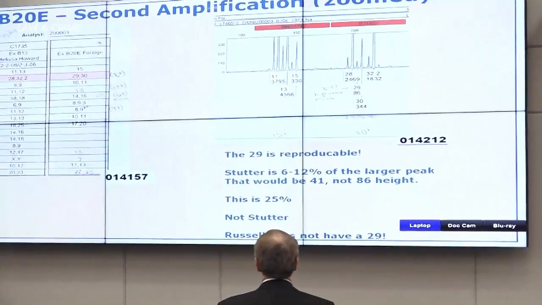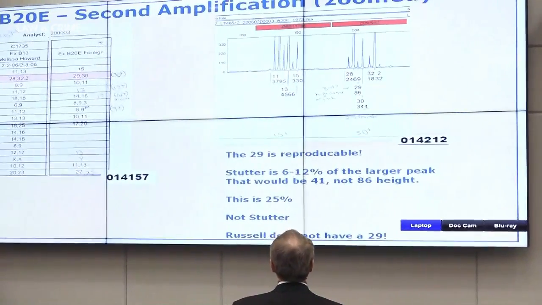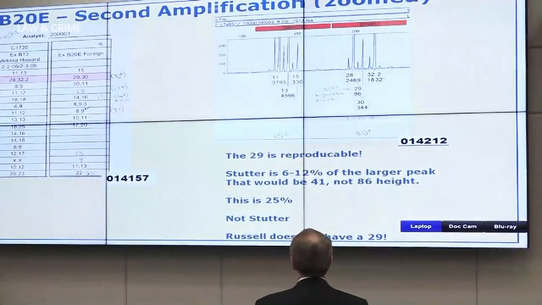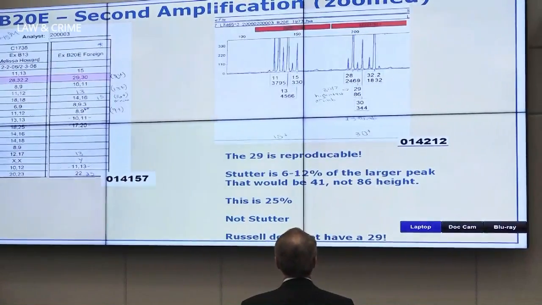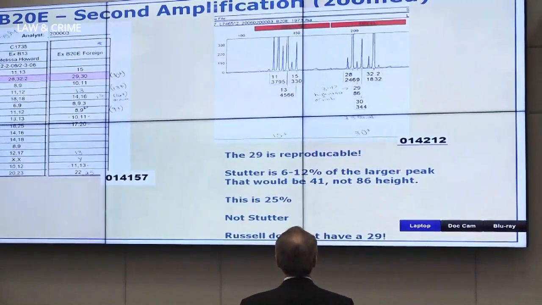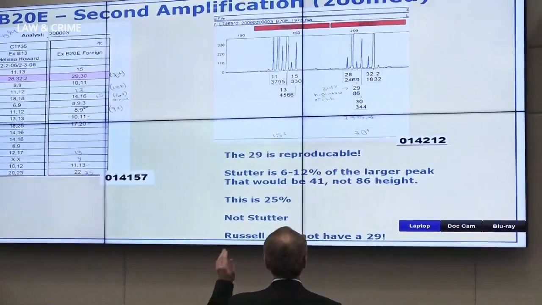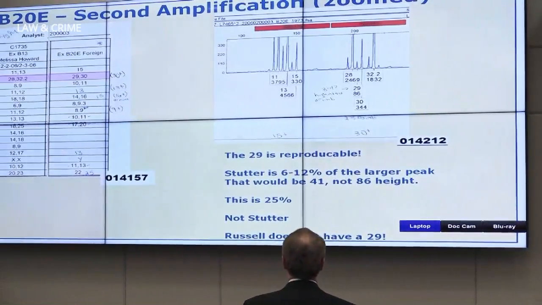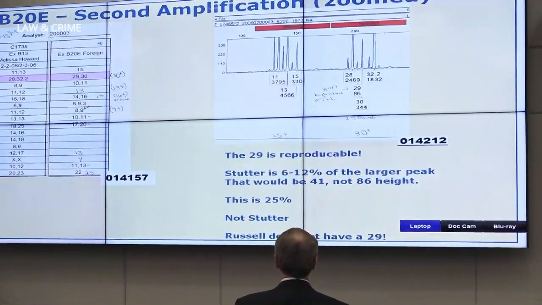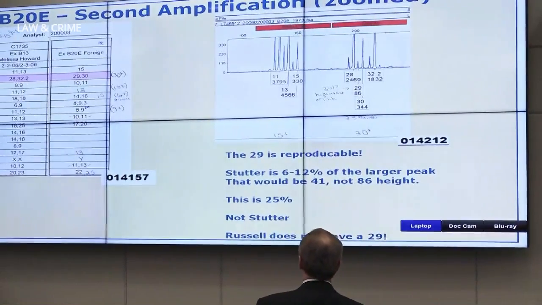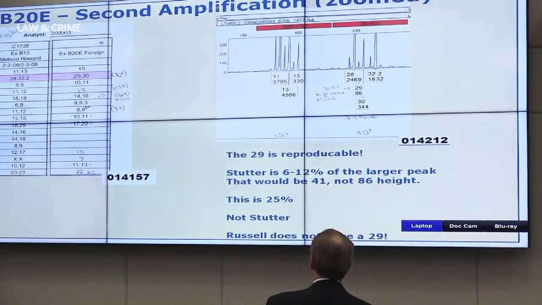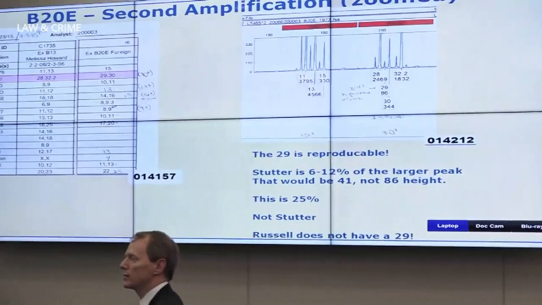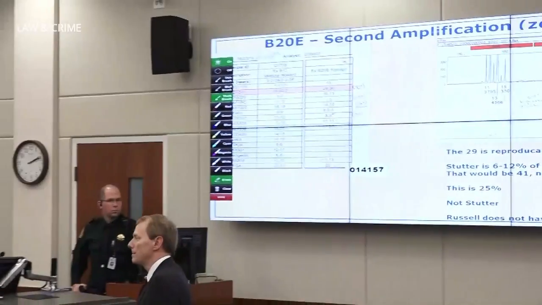Again, if that were stutter coming from the 30, it would be 6 to 12% of that 30, which is a peak height of 344. 12% of 344, that's 41, correct? Yes.